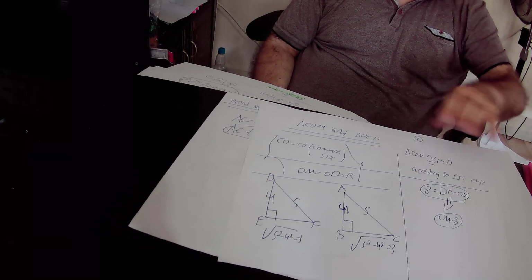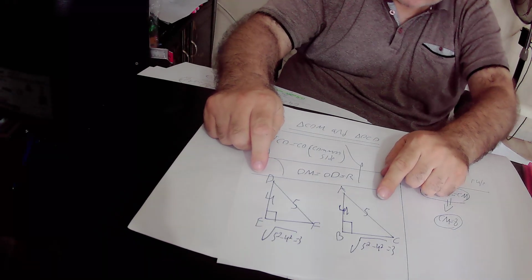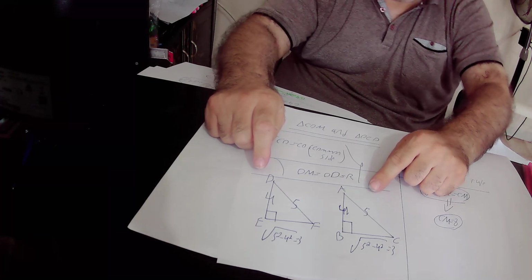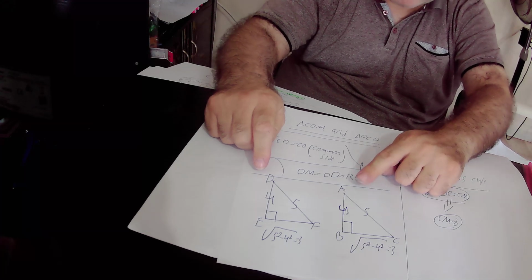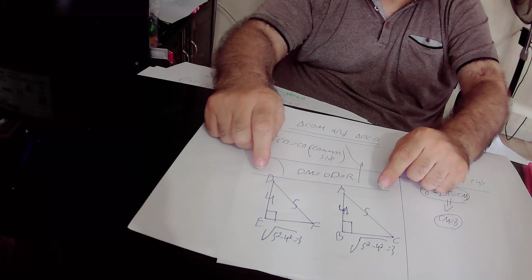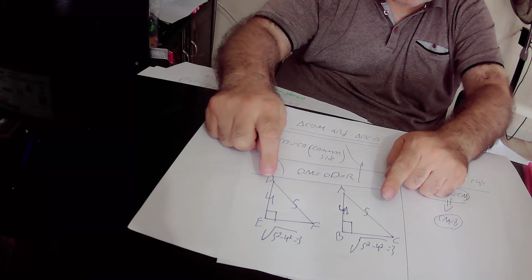Why? Because if, for example, we have two right triangles, triangle ABC and triangle DEF, those two right triangles are congruent by their hypotenuse and one perpendicular. If we have hypotenuse and perpendicular that are equal in two right triangles, then the third side must also be congruent. Why?